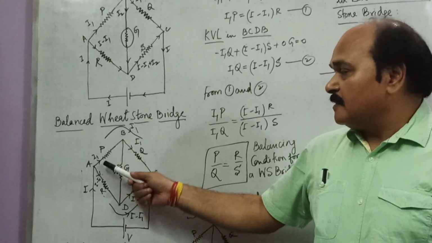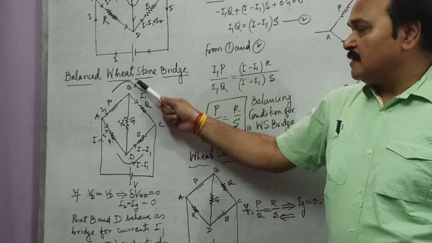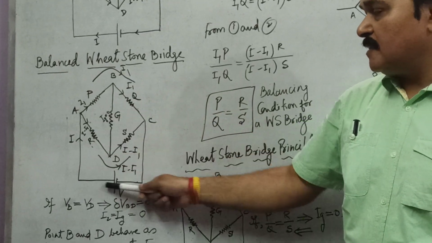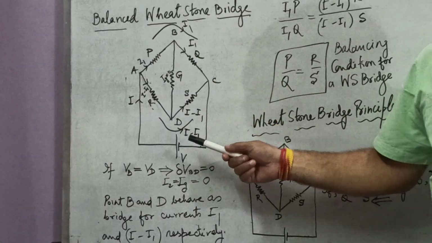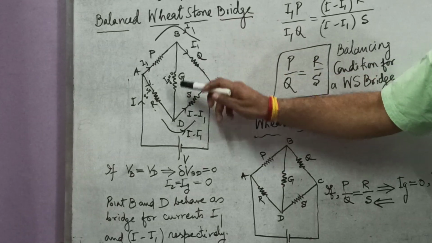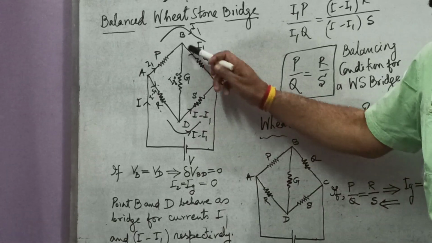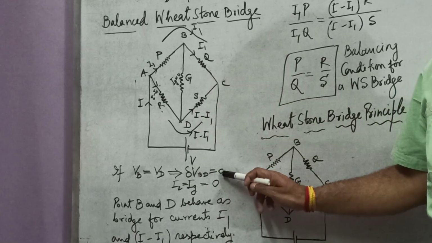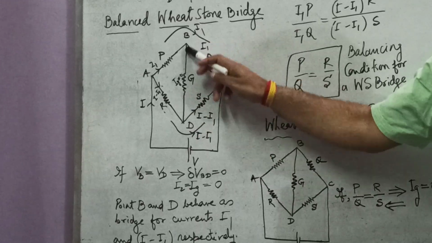See, as usual, it is a Wheatstone bridge PQRS, galvanometer, and this is the battery across the other diagonal of the square. Now, if points B and D have same potential, then potential difference between these two points will be what? 0. That means there will be no current in this direction.